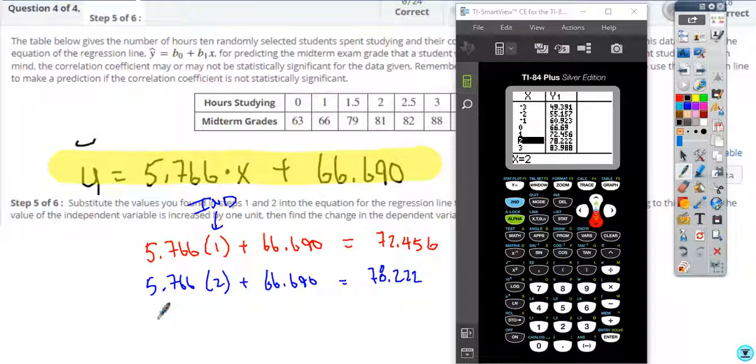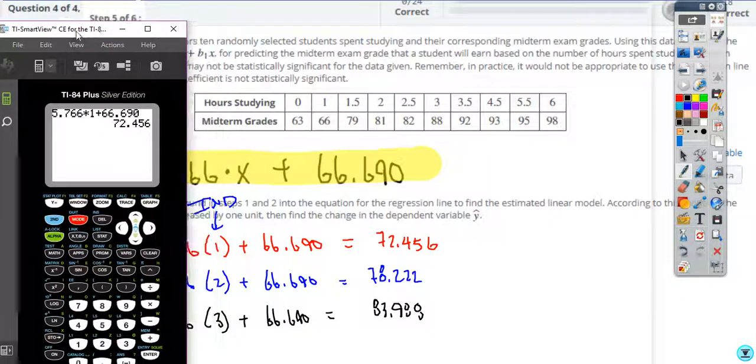We'll do one more. I take our equation, I increase the independent variable by 1, and I get out 83.988.